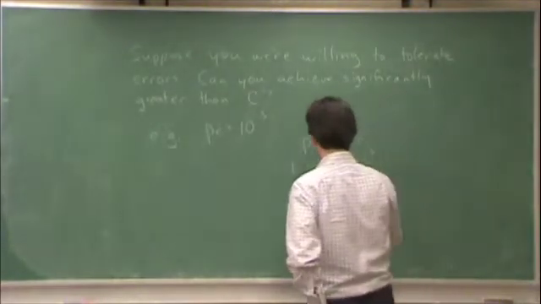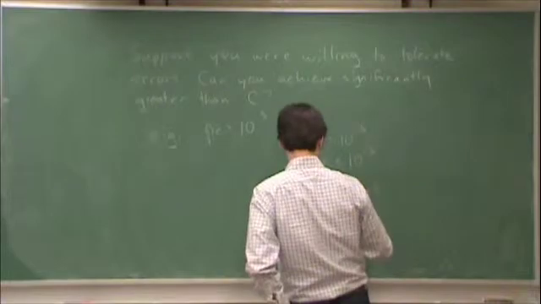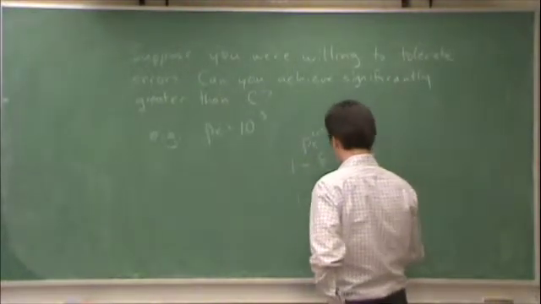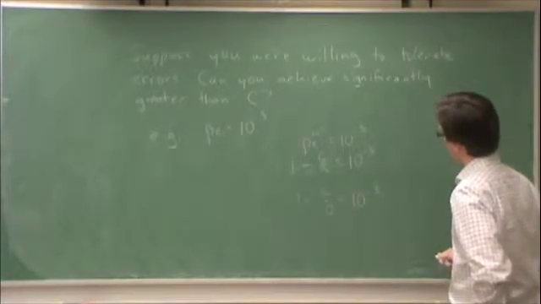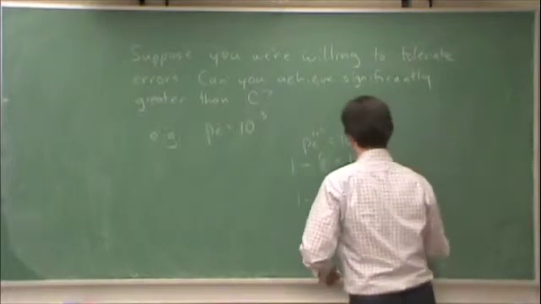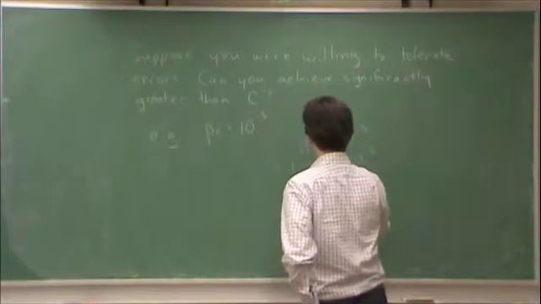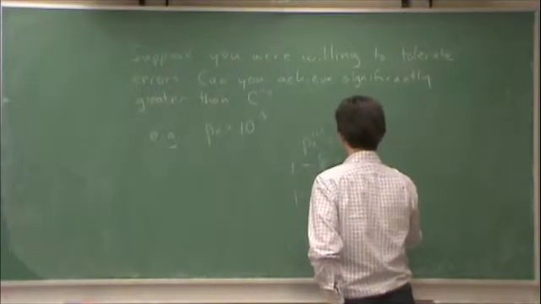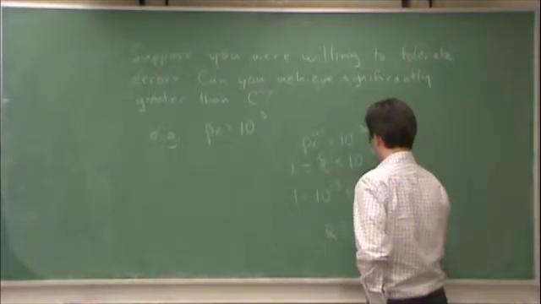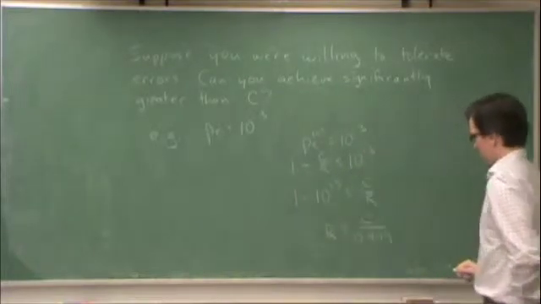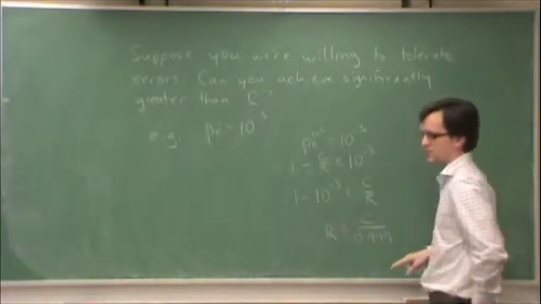If this is approximately equal, then 1 minus C over R equals 10 to the minus 3. Let's keep the inequality in there. If we solve for R, 1 minus 10 to the minus 3 is less than or equal to C over R. So R is less than or equal to C over 0.999. In other words, R can be no greater than a tiny fraction above C.